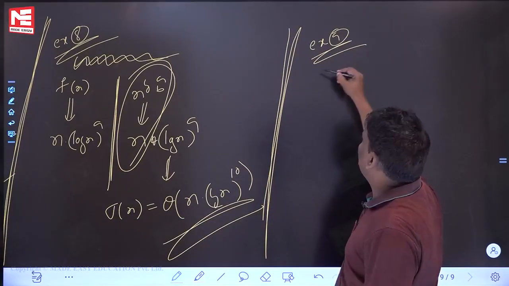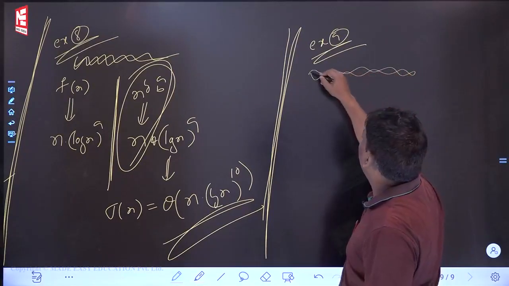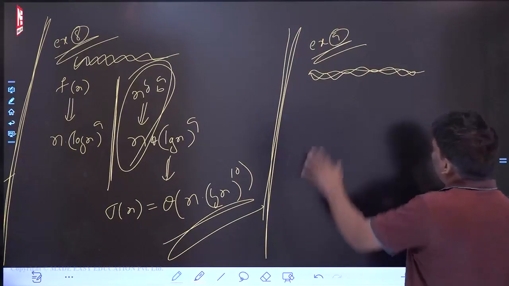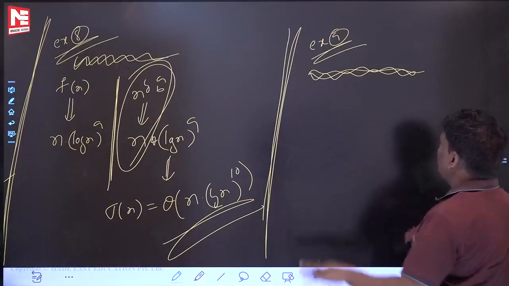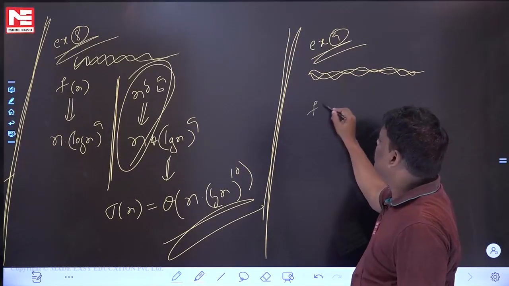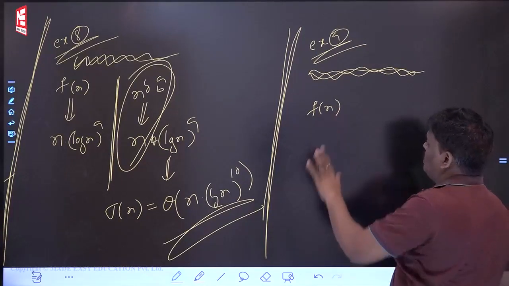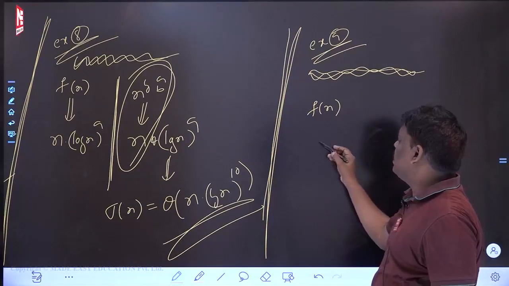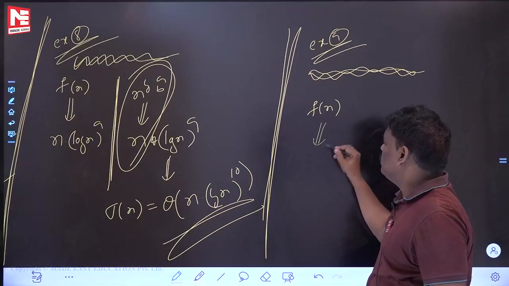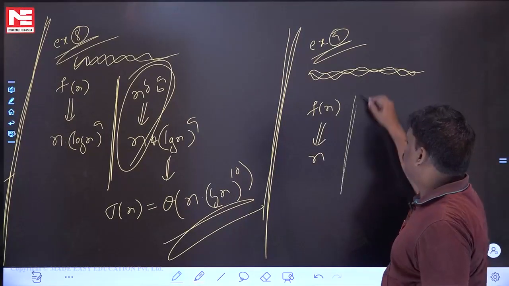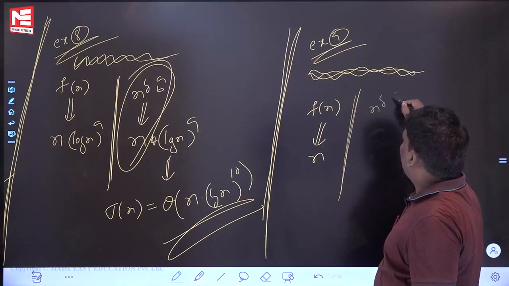Example 9, one recurrence relation. In this recurrence relation, assume Fn is n. And one more, n power log a base b.